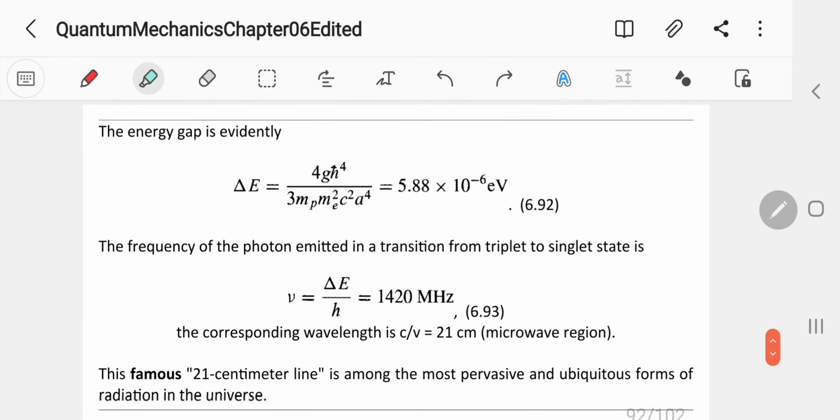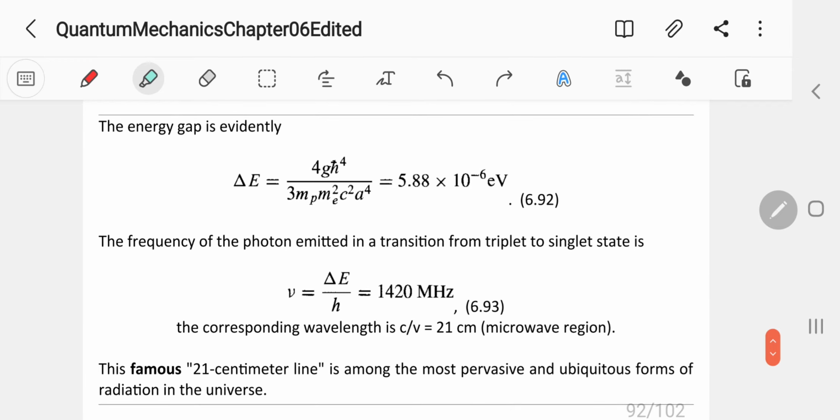So the energy gap here, if you would be able to know the values of the terms here, would be 5.88 times 10 to the negative 6 electron volts. So the frequency of the photon emitted in a transition from triplet to singlet state would be given by this.